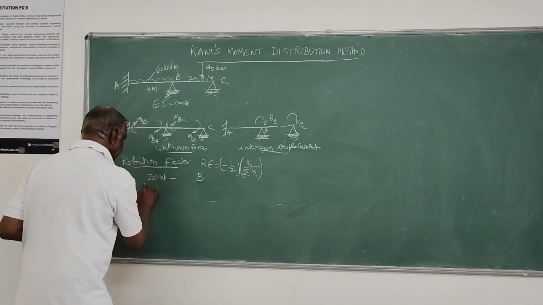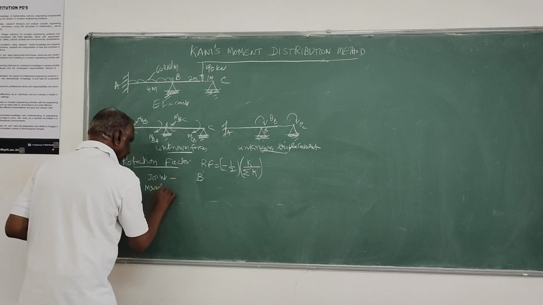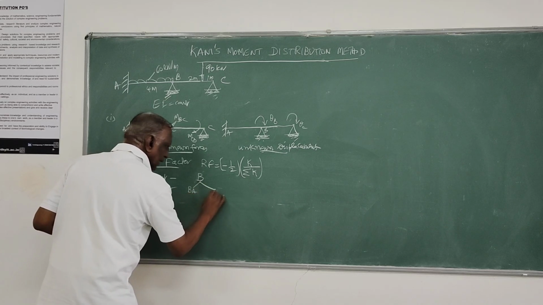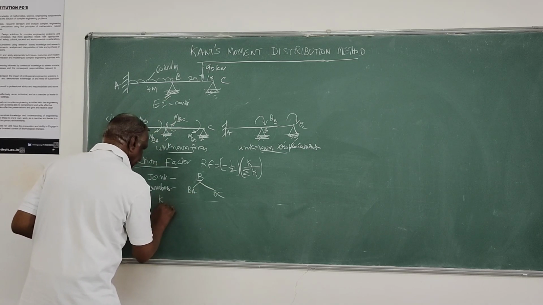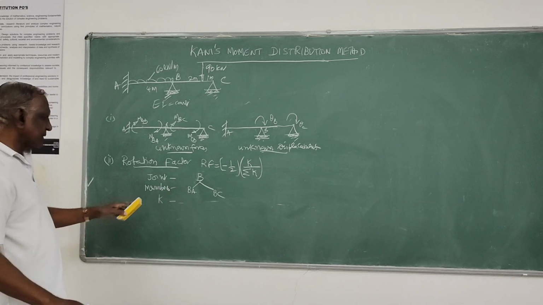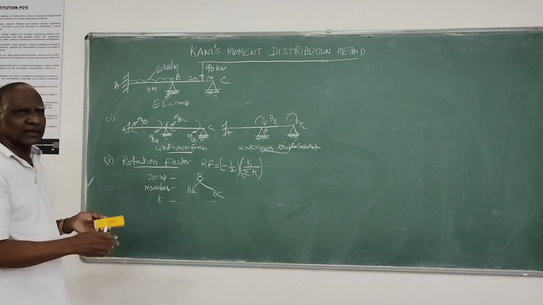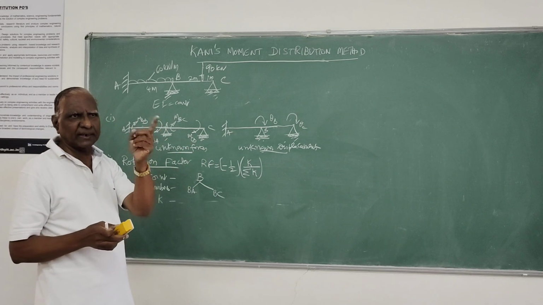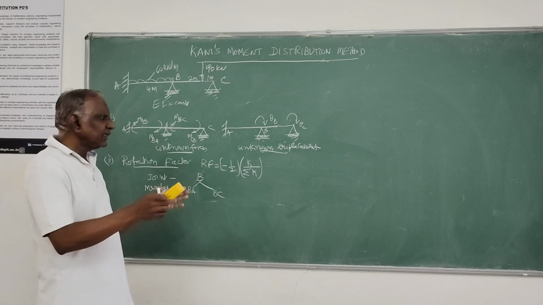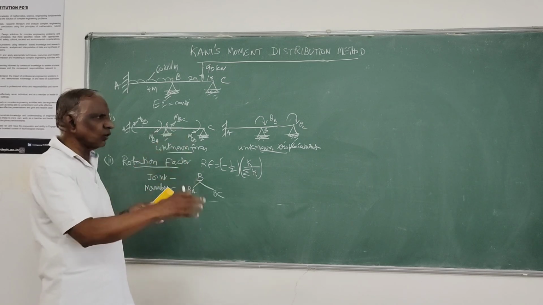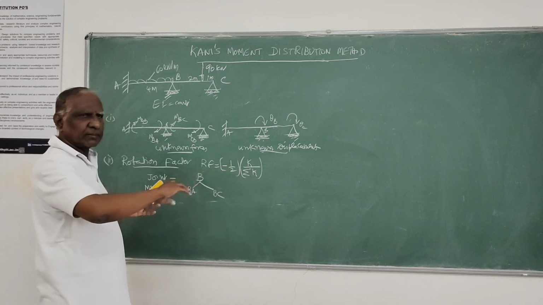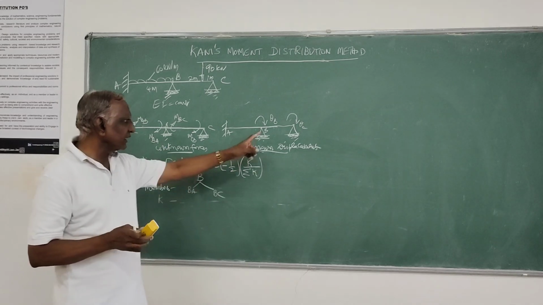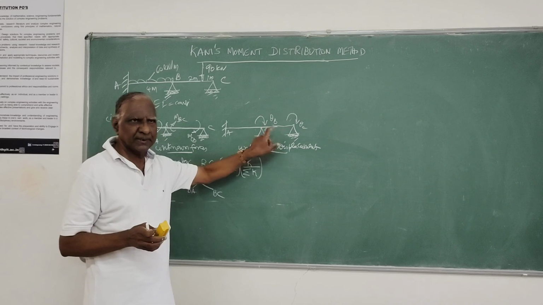That's continuous joint B. At this joint B, you have two members meeting, one is BA, another BC, then we determine the stiffness. That's the moment developed on account of unit rotation. So that is given by either 4EI by L or 3EI by L. 3EI by L is only for the case where the far end of the member is simply supported, roller or hinge. So that is there only for the member BC.